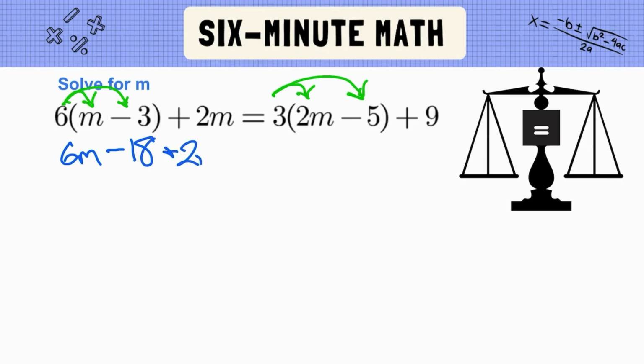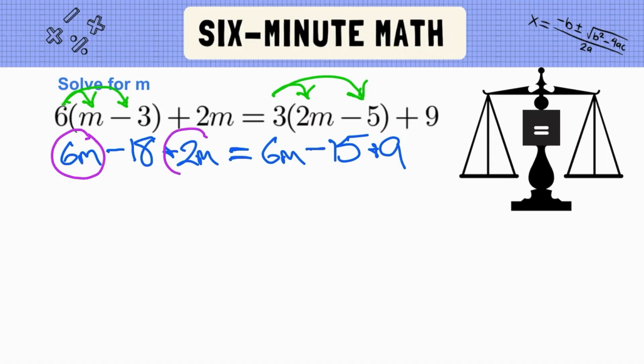And I still have a 2m on that left side. And that is going to equal 3 times 2m is 6m. And 3 times negative 5 is negative 15. And that's plus 9. Now I'm going to combine my like terms on each side of my equal sign.